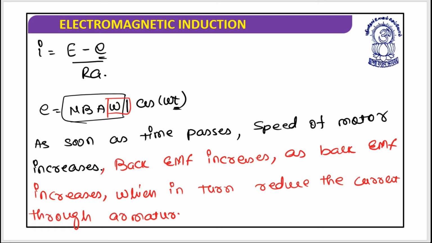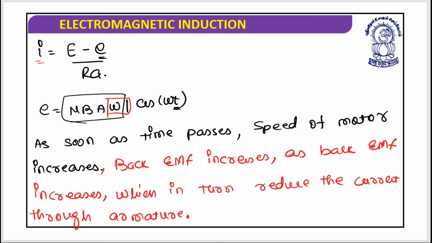I hope this is clear. And if this current is reduced, that will affect the omega, and probably at one instant of time it is going to stop rotating, and the whole functioning of the motor will collapse. I hope this is clear.